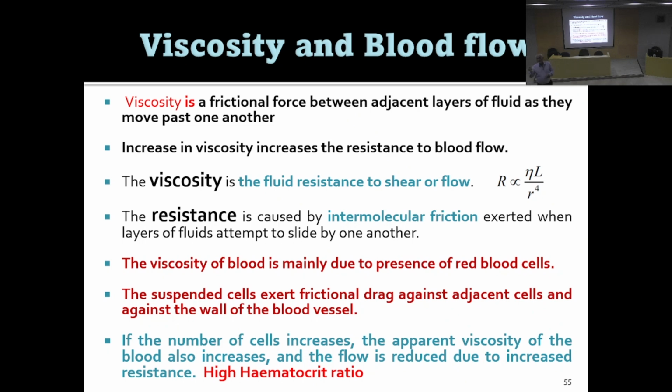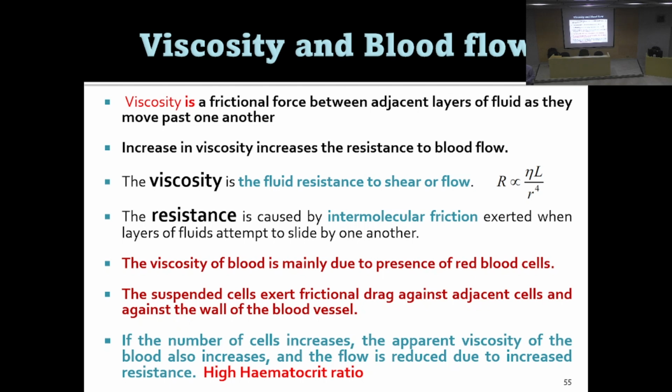It is the ratio of the volume of red blood cells to the whole blood, or to the plasma. Basically, they take a sample, quite easily, put it in a test tube, and then put it in the centrifuge.